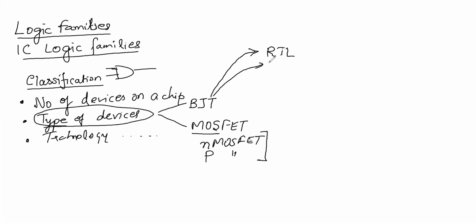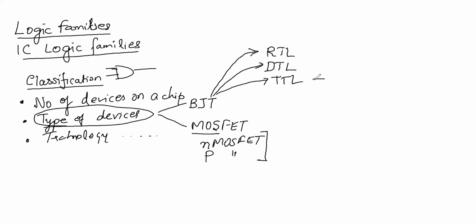The second kind of technology is DTL, where you make use of diodes and transistors to realize a gate. So it is called DTL, diode transistor logic. Then you have transistor transistor logic, TTL.